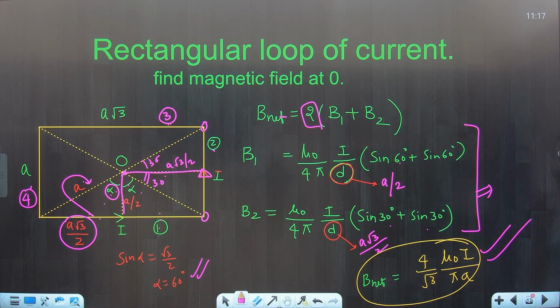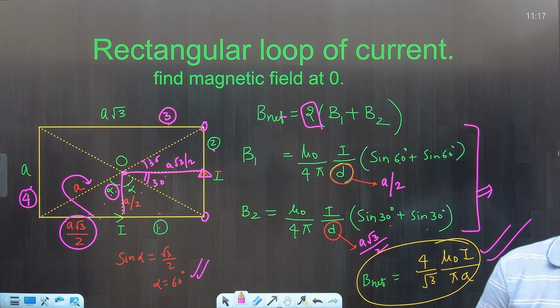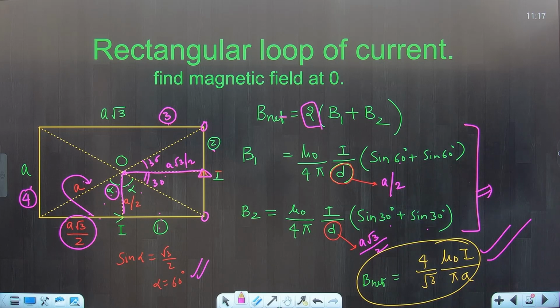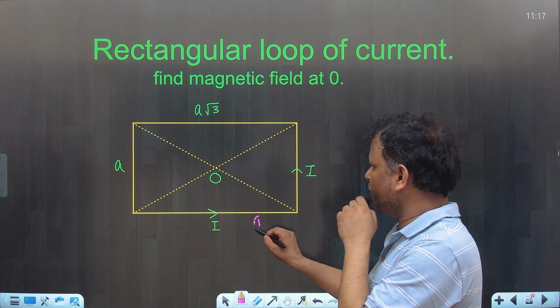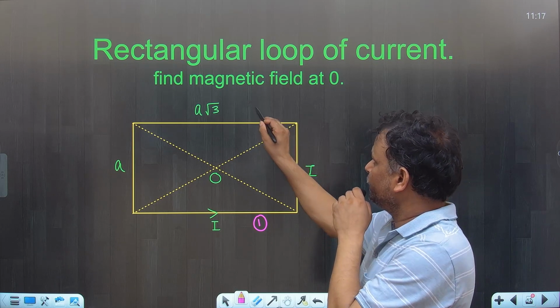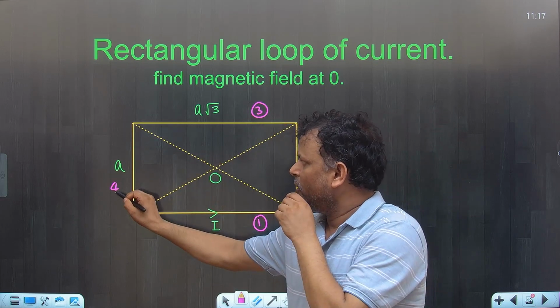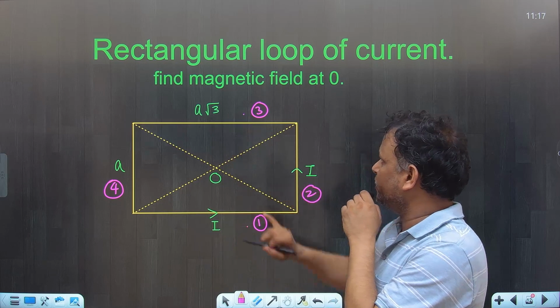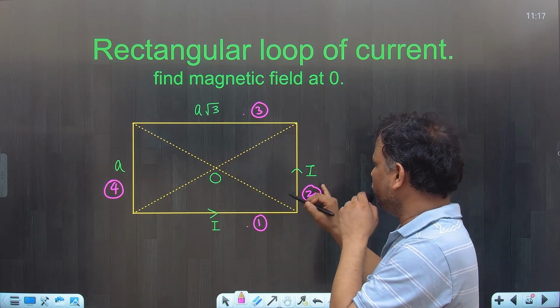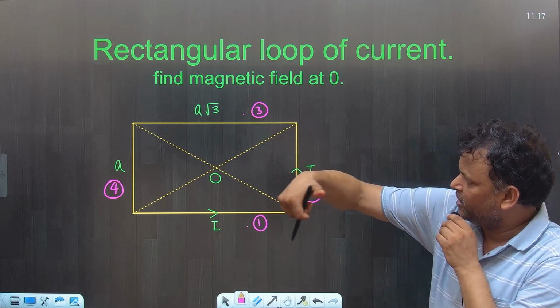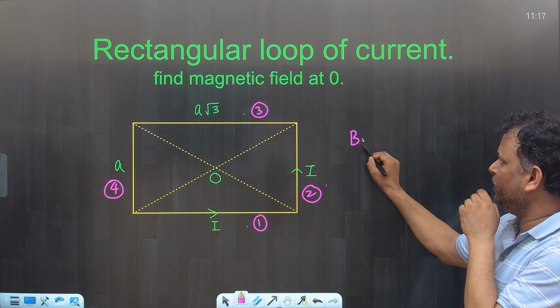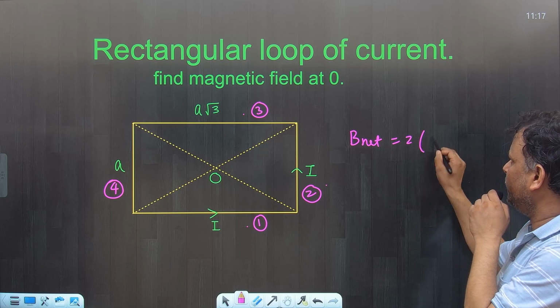My suggestion is that you must do this problem by yourself. So pause the video and just do it by yourself, right? It is a very interesting question that you have 4 parts, 1, 2, 3 and 4. 1 and 3 are symmetrical about O, 2 and 4 are symmetrical about O, and all the fields are adding up at O. So B net will be equal to 2 times B1 plus B2.